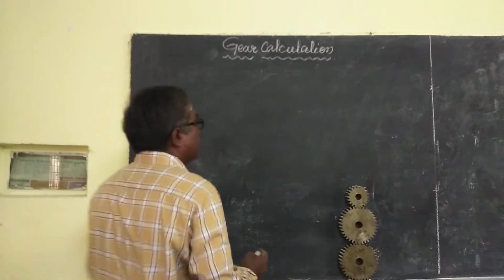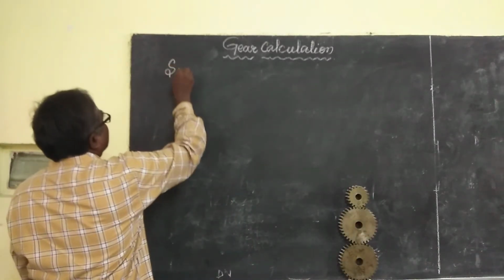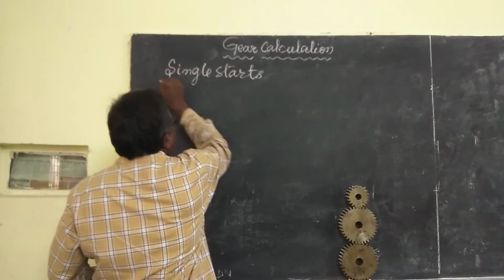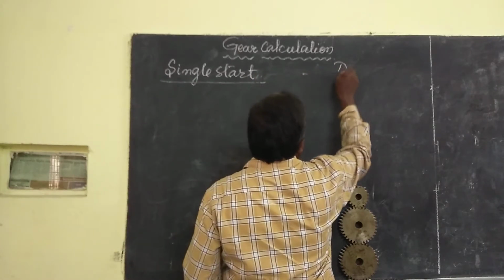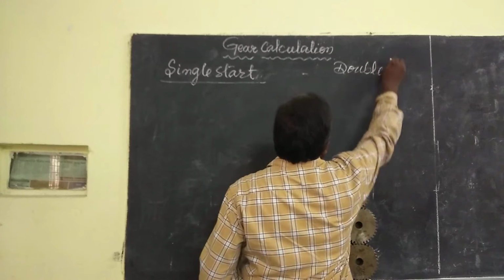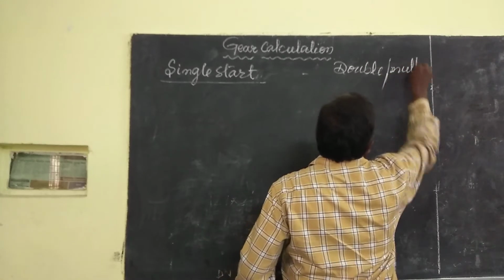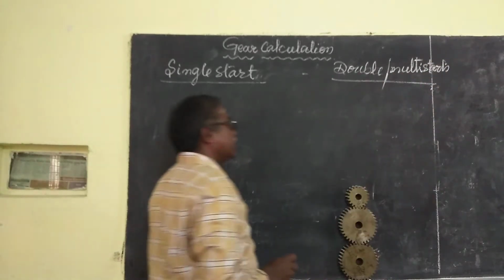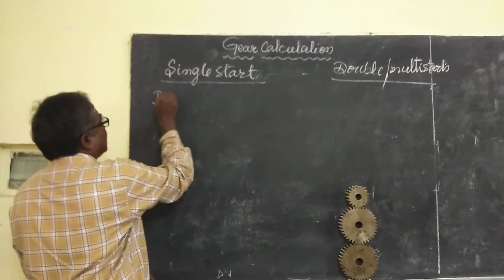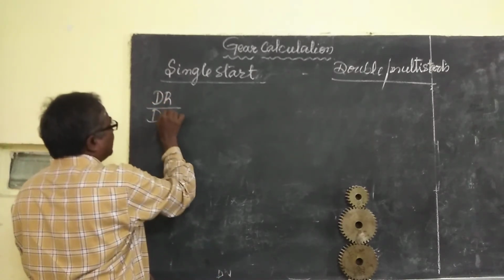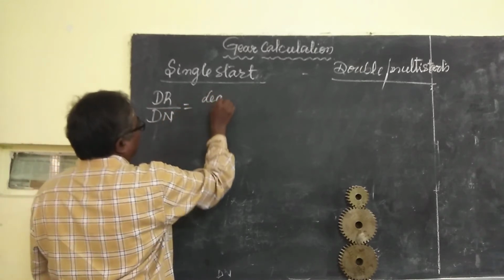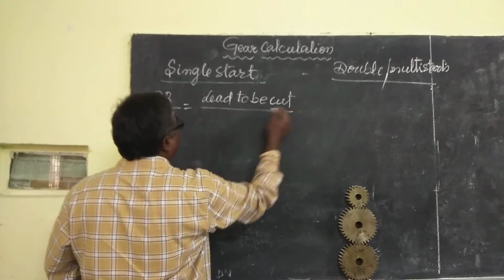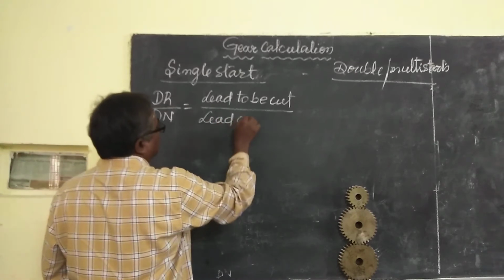You see the same formula in single start and double start. Single start thread, and there is another one, double or multi start. In this case, the formula you have to use is driver by driven equals lead to be cut by lead of lead screw.